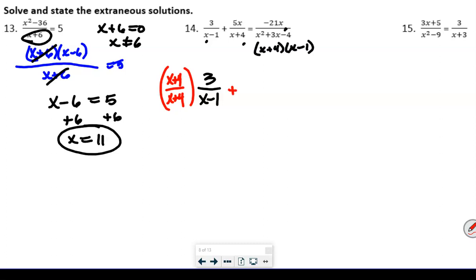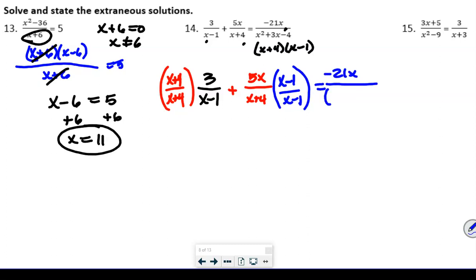Then we're going to add to that our 5x over x plus 4. And this one we're going to multiply by the other one, the x minus 1. And that's going to be equal to -21x over, again, our factors, x plus 4, x minus 1.